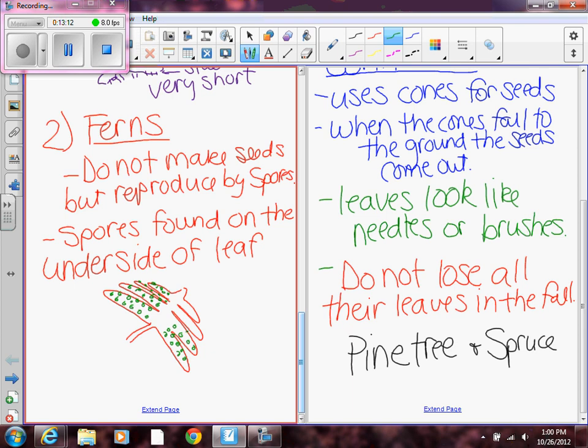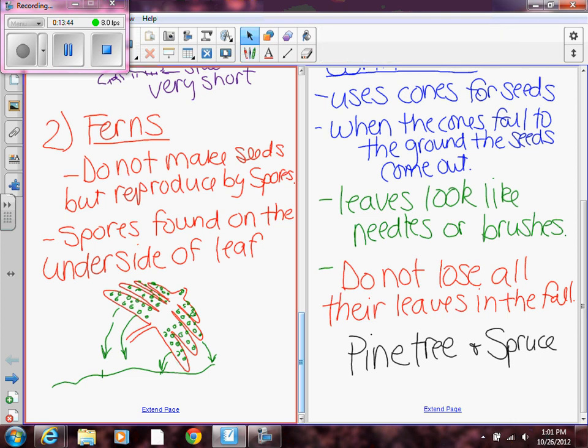If you look at your picture in your book, it shows you the same kind of thing. So they're found on the bottom side of the leaf. And what happens is they drop off, they fall onto the ground. Here's your ground, green for the grass. They fall off here and land into the ground. That's how that happens. That makes sense?